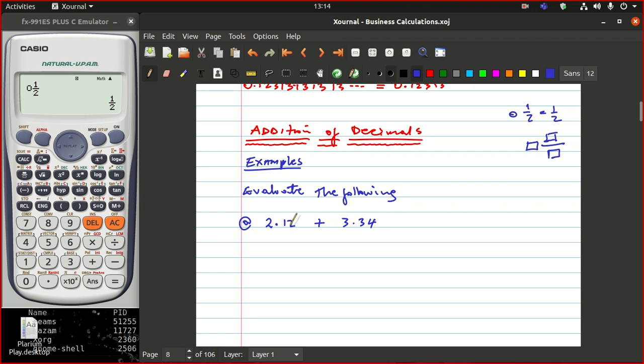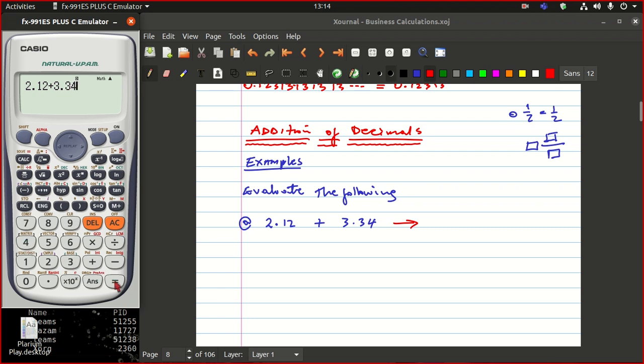How do you end up adding these decimals? What is important here is very simple: don't waste your time, just press it in the calculator, 2.12, and then add 3.34, and then you're going to end up having something like this.